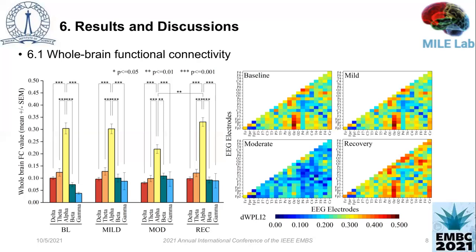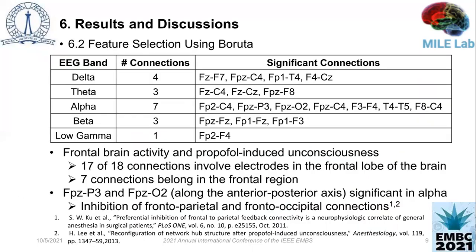This in turn has contributed to the overall reduction in the whole brain connectivity. Also, we can see that these connections are more or less preserved during mild sedation. We can conclude that there is a reduction in the efficiency of frontoparietal and fronto-occipital networks during moderate propofol sedation.